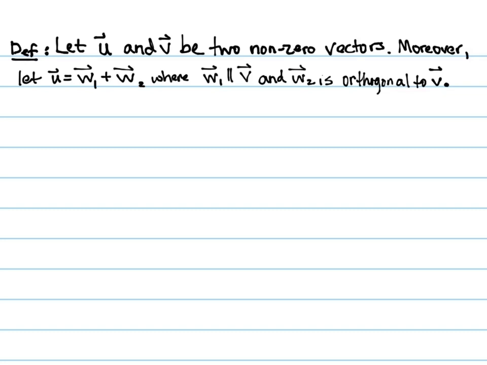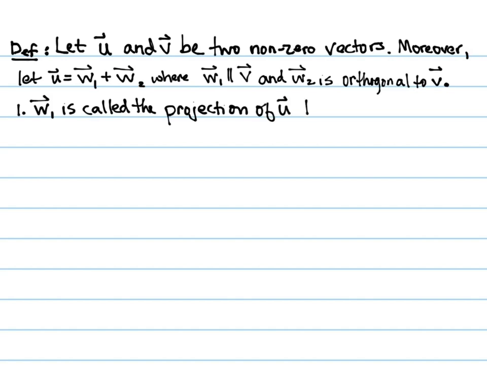So some vocabulary for what this is called. W1 is called the projection of U onto V, or the vector component of U along V. I'm sorry, not complement, component. I was like, that doesn't sound right.